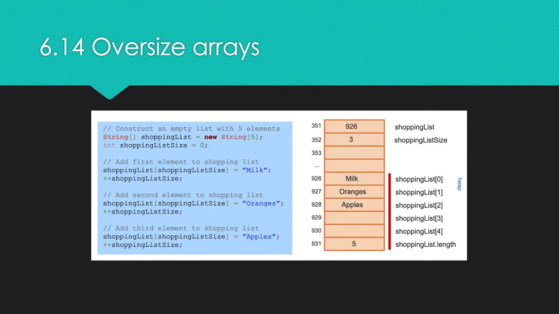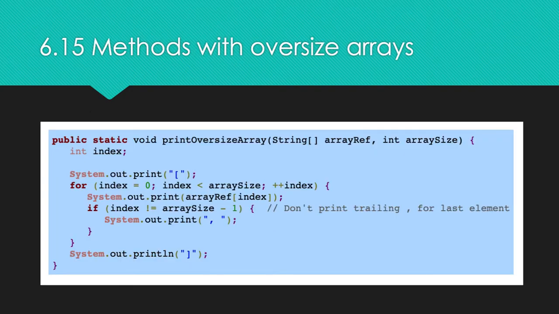Method with oversized array. When an oversized array is passed to a method, two parameters are needed, basically both the array reference and the current size. So in this case, you use a for loop.